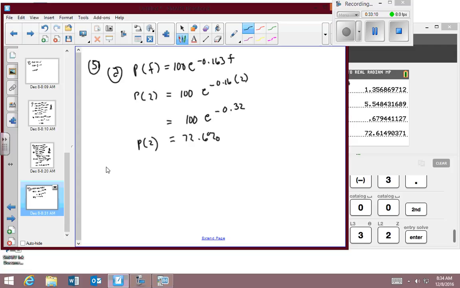Write the expression that models the rate at which the percent of surfactants that remain in the fuel changes as the number of feet of clay increases. Now that's a first derivative problem.